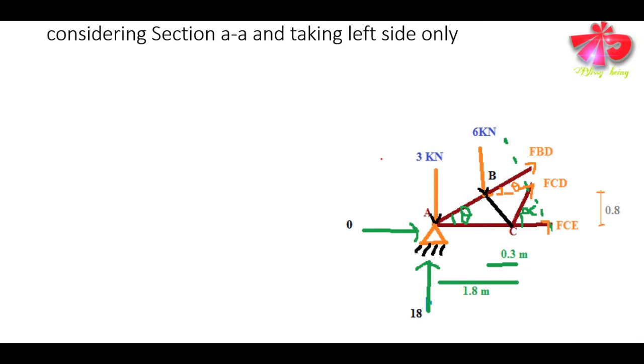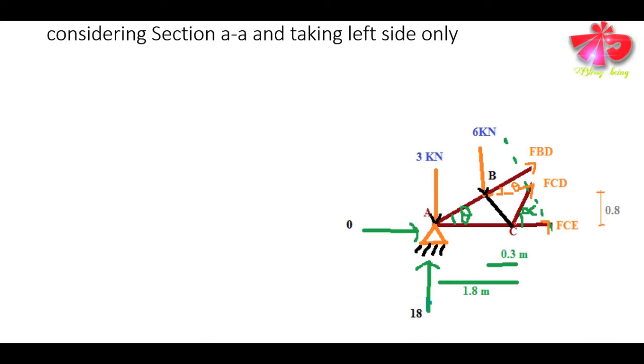So let us see what if we have just taken the summation of moment at point C equals to 0. If we use that, what will happen? There will be FBD giving us, isn't it? So FBD will be giving us, if we use the summation of moment at point C equals to 0.